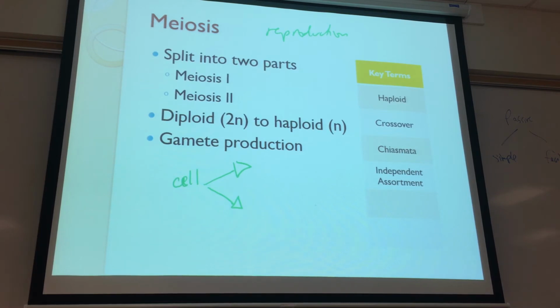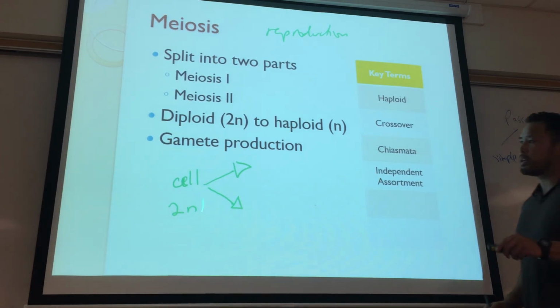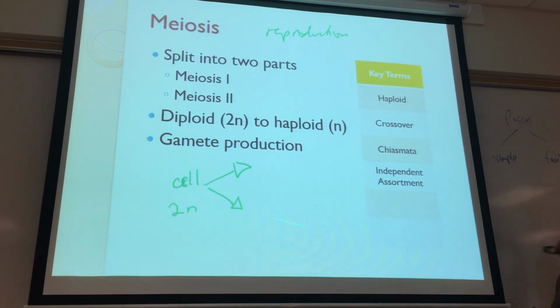So while the DNA is duplicated, we have 2N, we have duplicated DNA on one cell, we're going to eventually divide twice to create half cells, cells with half the DNA. And these are called gametes. What are gametes? Sperm and eggs.